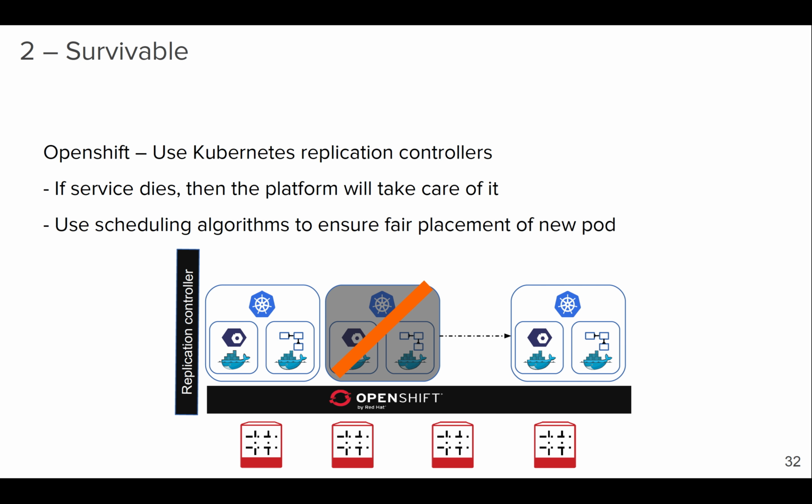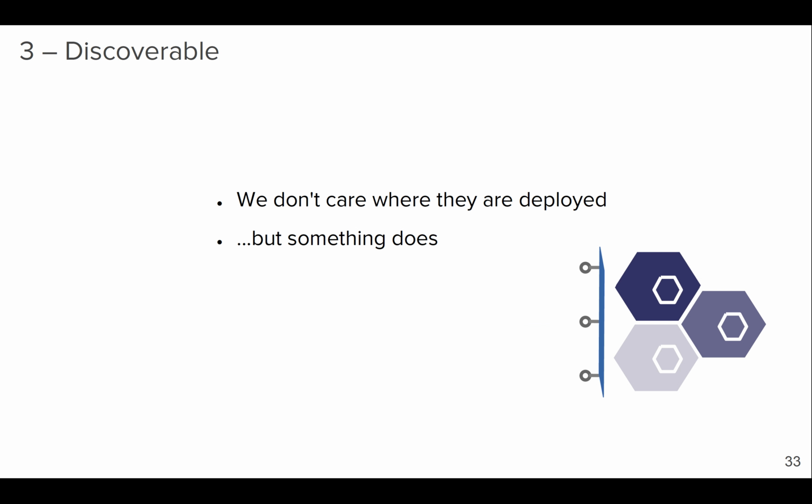All those algorithms for scheduling, whether it should be on the same node or definitely not on the same node to ensure good high availability, can be configured. So as I said, if a service dies, the platform will take care that that particular service is running on some other container instance on some other pod.